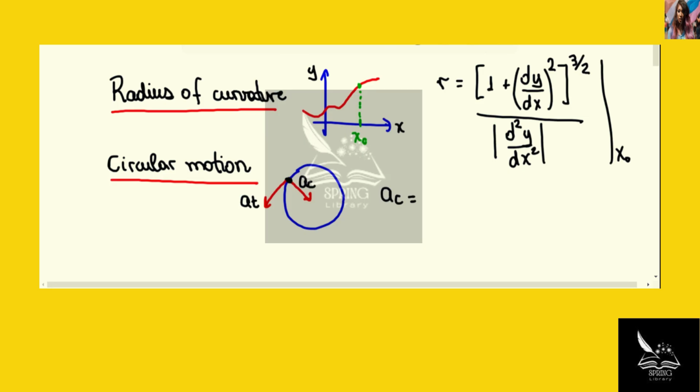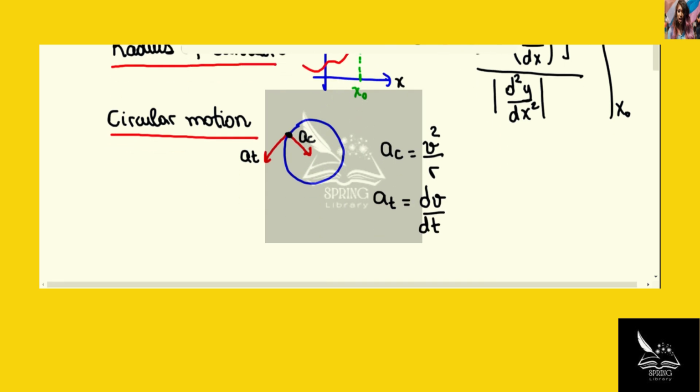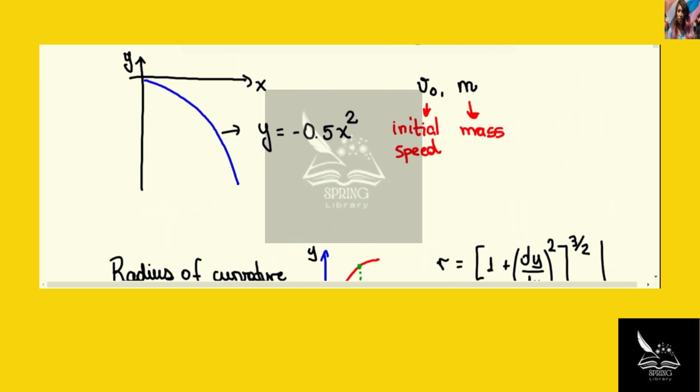The centripetal component is equal to v squared over r, where v is the speed of the particle and r is the radius of the trajectory, and accounts for the change in direction of the velocity. The tangential component, on the other hand, is equal to dv dt and accounts for the change in speed. So now we can go to the exercise.